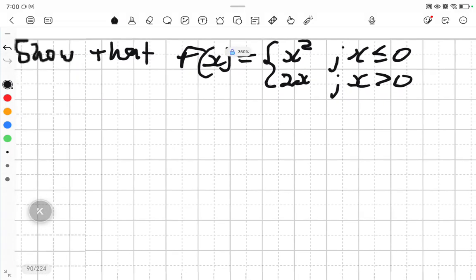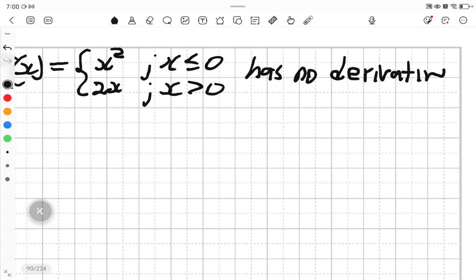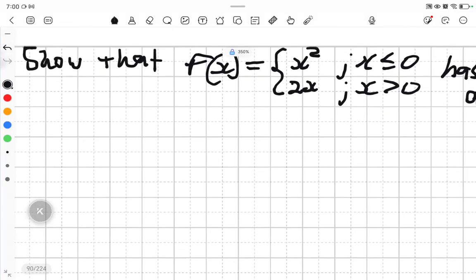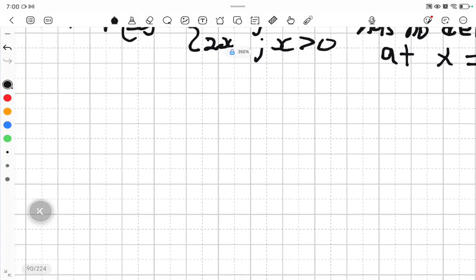It has no derivative at x equals to 0. Right. So every time we're dealing with one-sided limits, we need to say this.